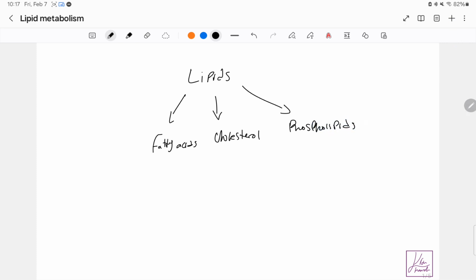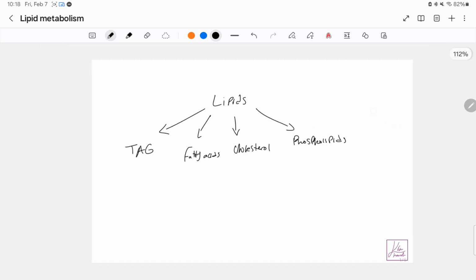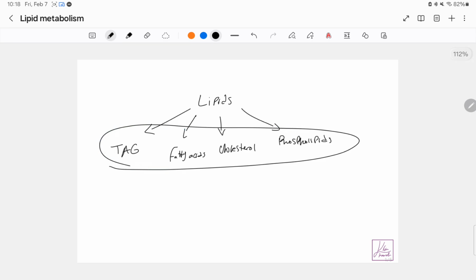We have triacylglycerol, and under this you can put diacylglycerol, monoacylglycerol, whatever. There are other ones you can put in here. You can put, for example, glycolipids as well, but we're not going to dive too much into them. These are the main areas that we're going to talk about.